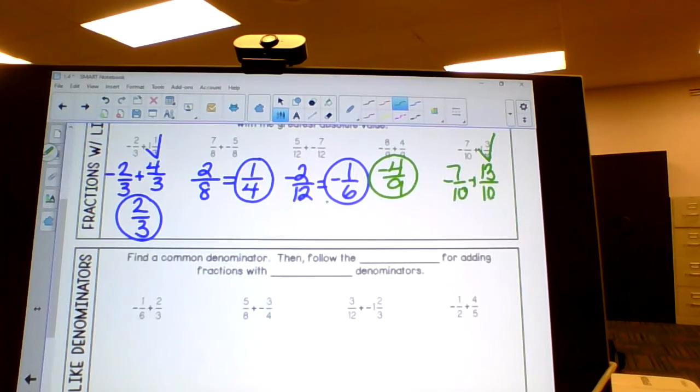What is negative 7 plus 13? 6. 13 minus 7 is 6. 13's bigger, it's positive. So it's positive 6/10, which reduces to 3/5.